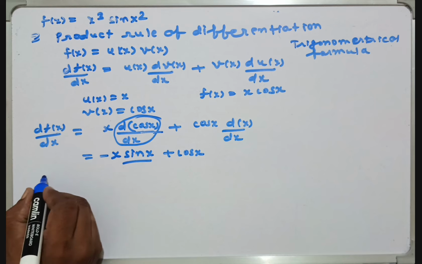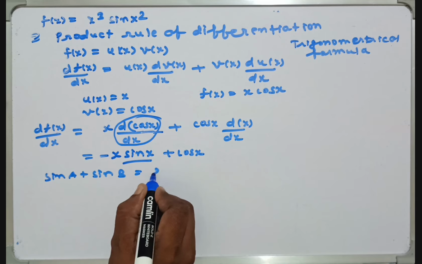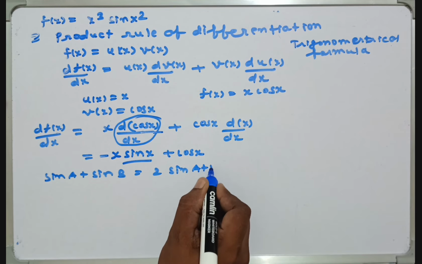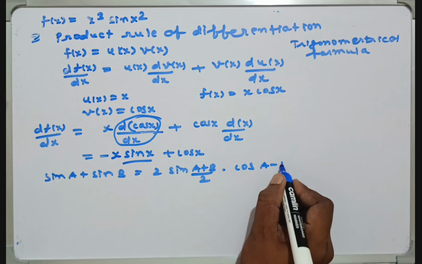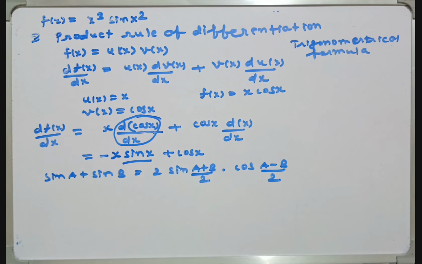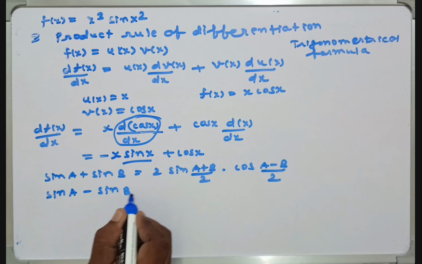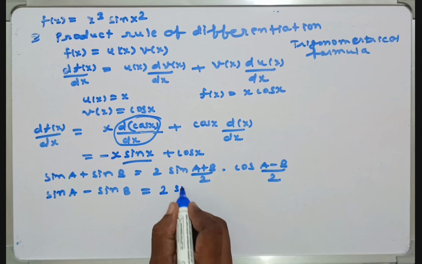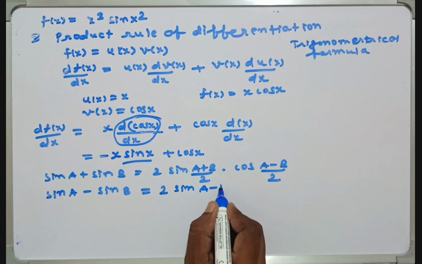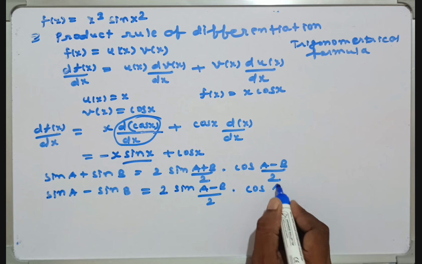First formula: sin A plus sin B equal to 2 sin((A+B)/2) cos((A-B)/2). And if sin A minus sin B is coming, then it is equal to 2 sin((A-B)/2) into cos((A+B)/2).